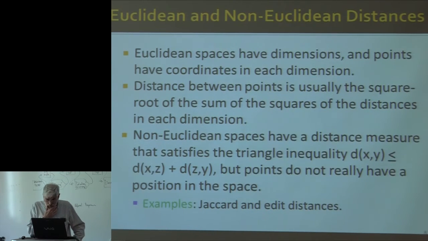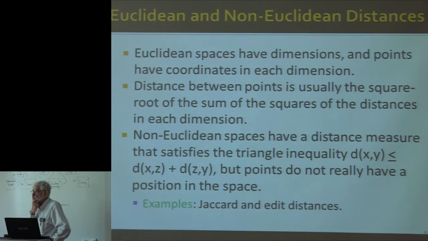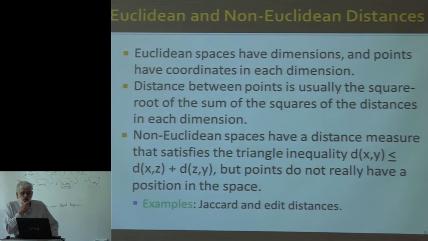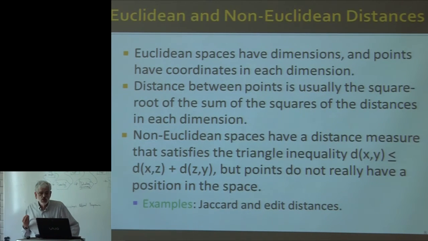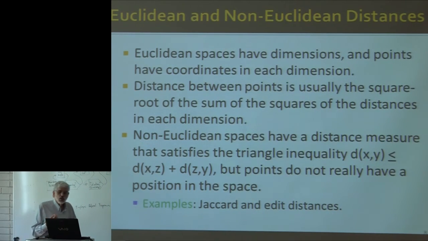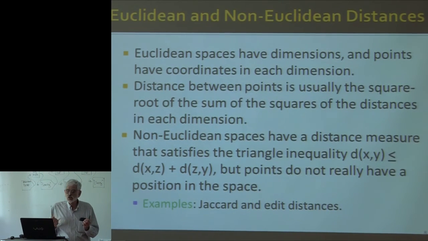But here's the problem. A lot of interesting clustering problems don't involve points in a Euclidean space or anything that looks like it. That is, there are a lot of interesting clustering problems where the points have a distance measure, and usually it means it satisfies the triangle inequality.